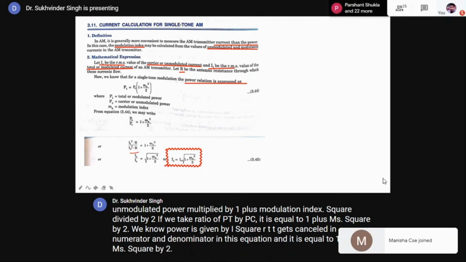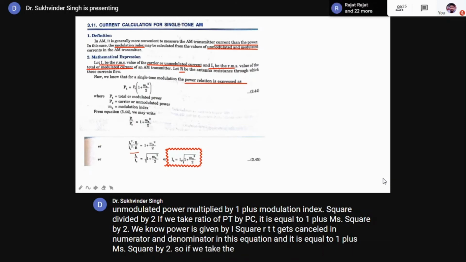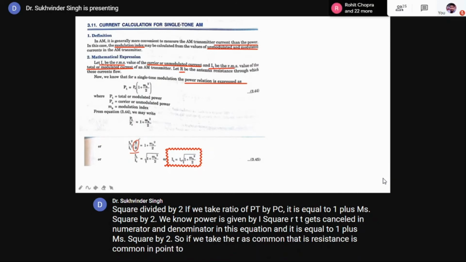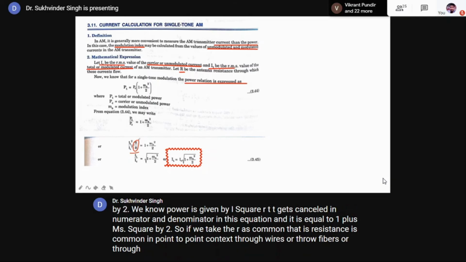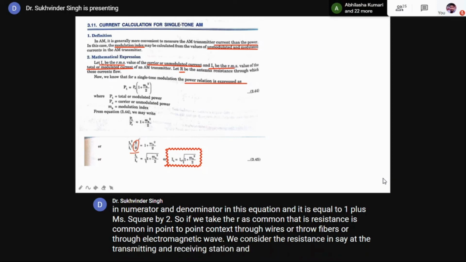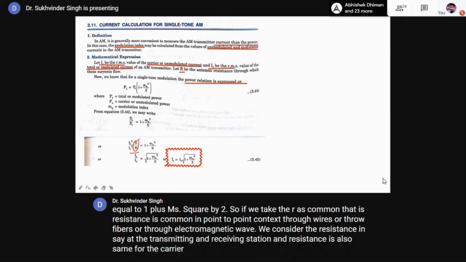So if we take the R as common, that is, resistance is common in point-to-point contact through wires or optical fibers or electromagnetic wave, we consider the resistance is the same at the transmitting and receiving station, and the resistance is also the same for the carrier and the modulating signal.